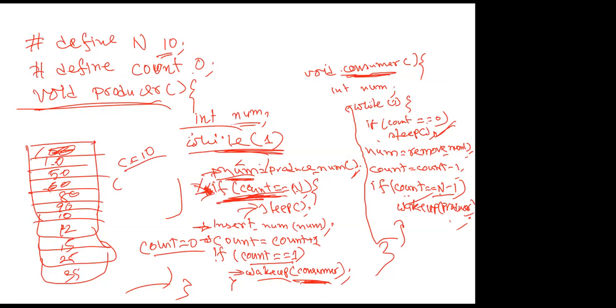It executes this line, and before executing sleep, right after the if condition, the operating system or CPU preempts it. So the if condition was true, but before executing sleep, the producer got preempted.